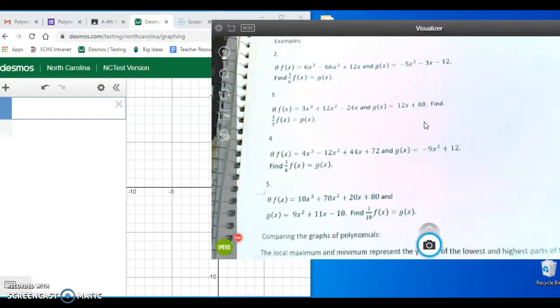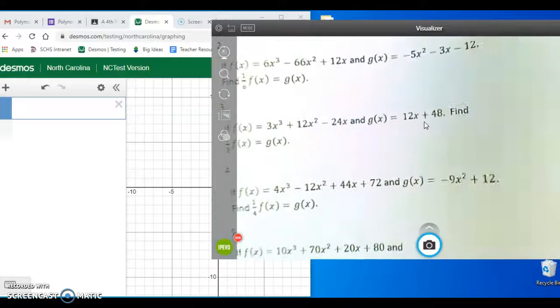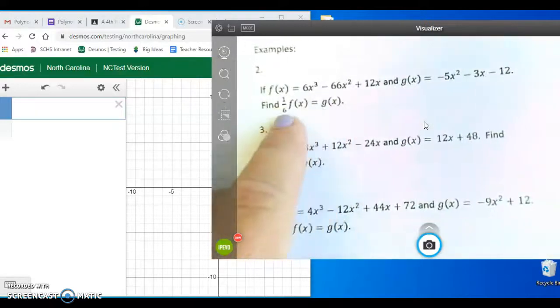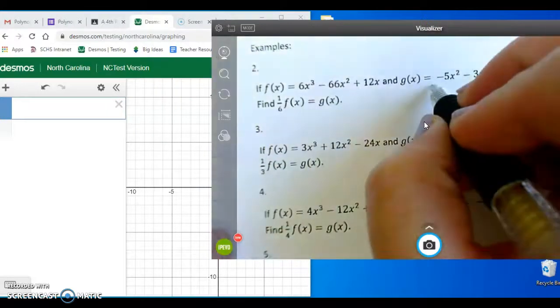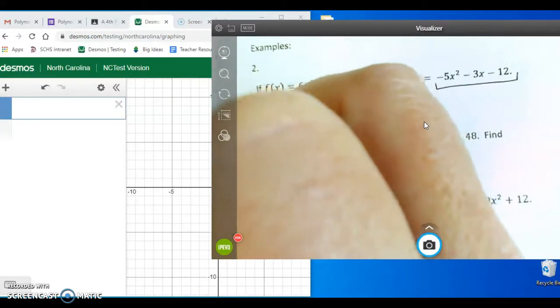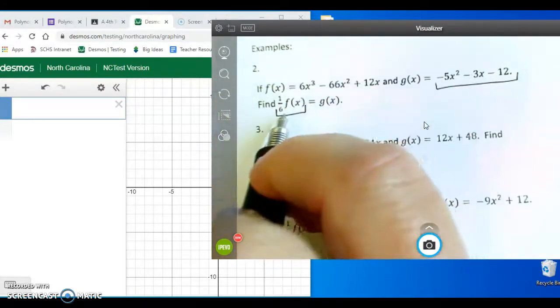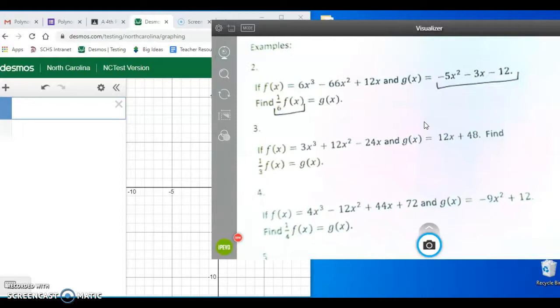So what we're going to do to solve number 2 is put in 1/6 and then f of x, and then it says g of x. So g of x is going to be one thing we put in the Desmos. And the other thing we put in the Desmos is going to be 1/6 and then f of x, okay? But we're not going to put actually f of x. We're going to put what the equation is.